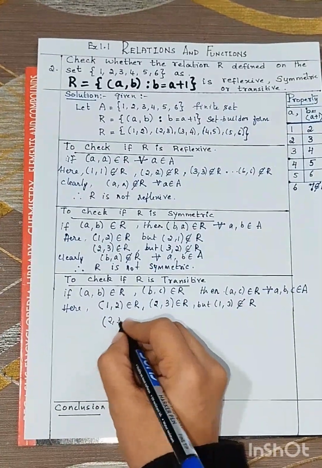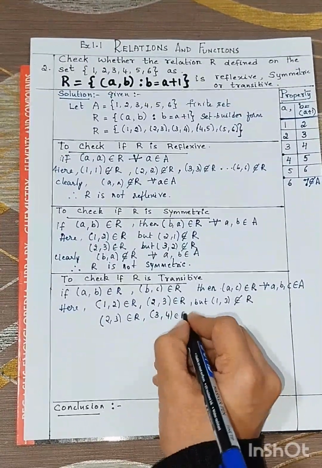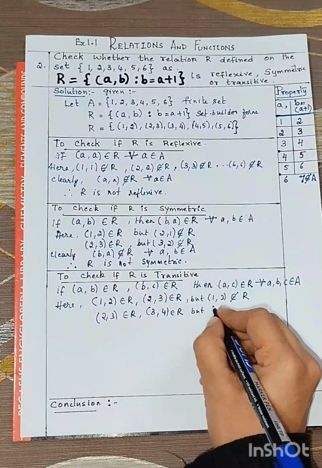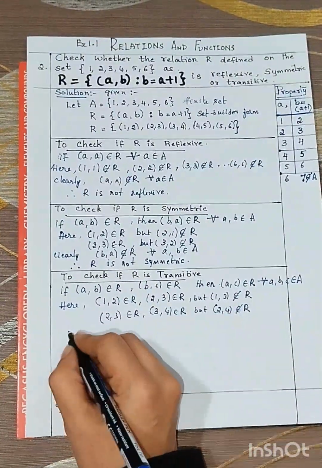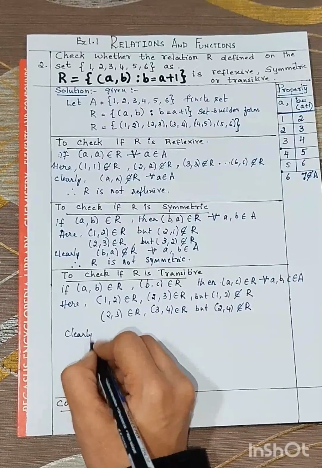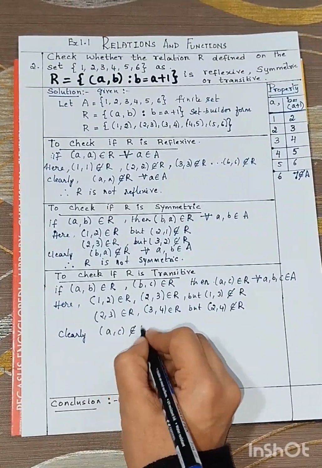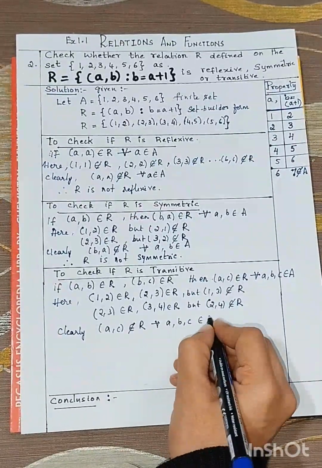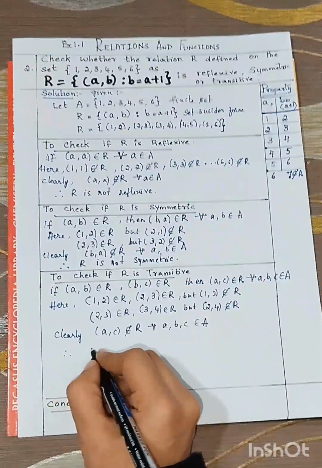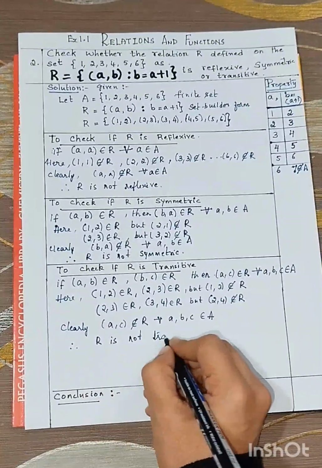So (2, 3) belongs to R, (3, 4) belongs to R, but (2, 4) does not belong to R. So clearly we can conclude that (a, c) does not belong to R for all a, b, c belonging to A. Therefore, R is not transitive.